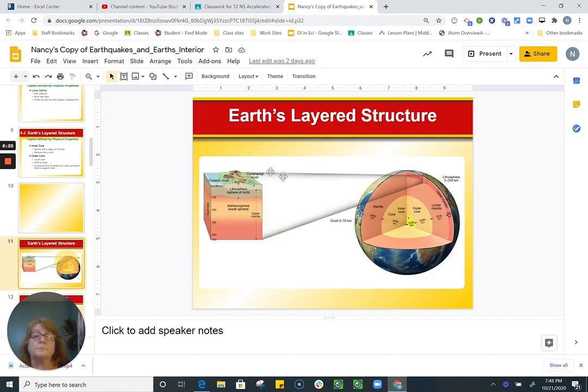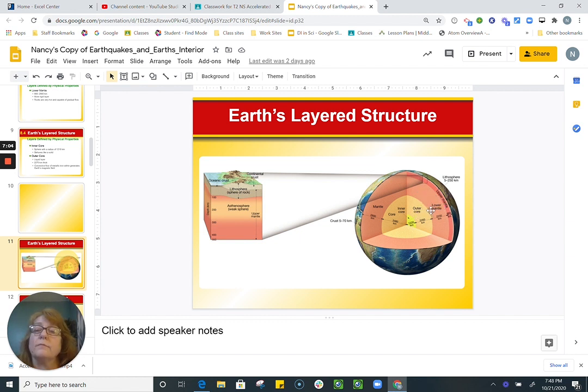Okay, now, if I can get this to enlarge or not. What I want you to know is how they've taken this and done an excerpt of this particular diagram. So the lithosphere is the crust plus the upper mantle, and the asthenosphere is what is right below the lithosphere.